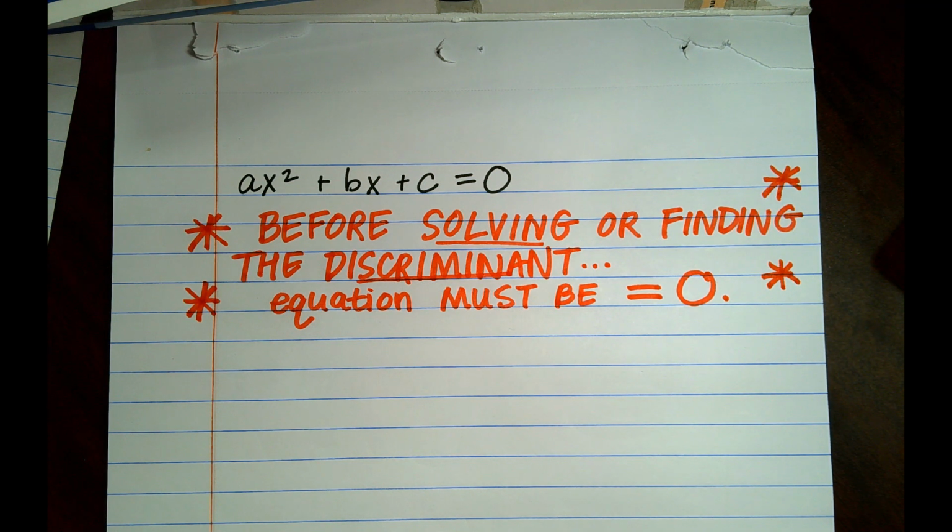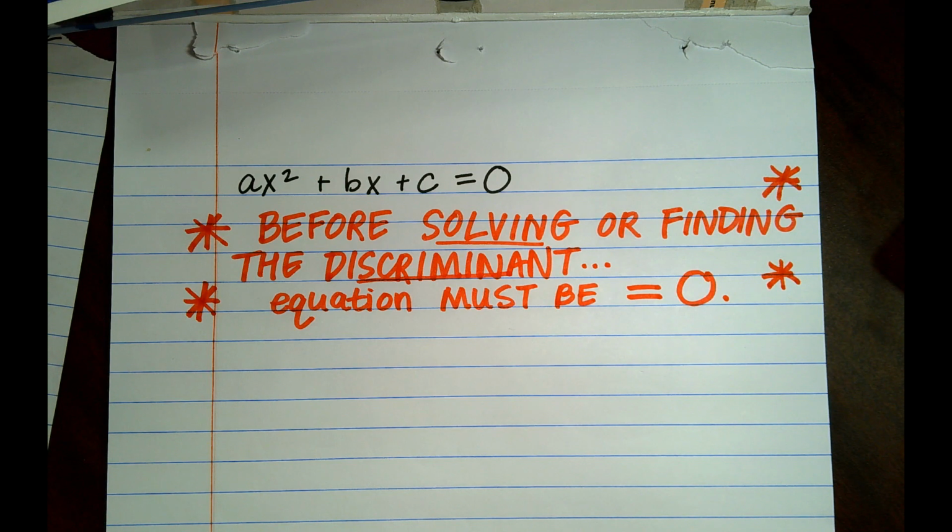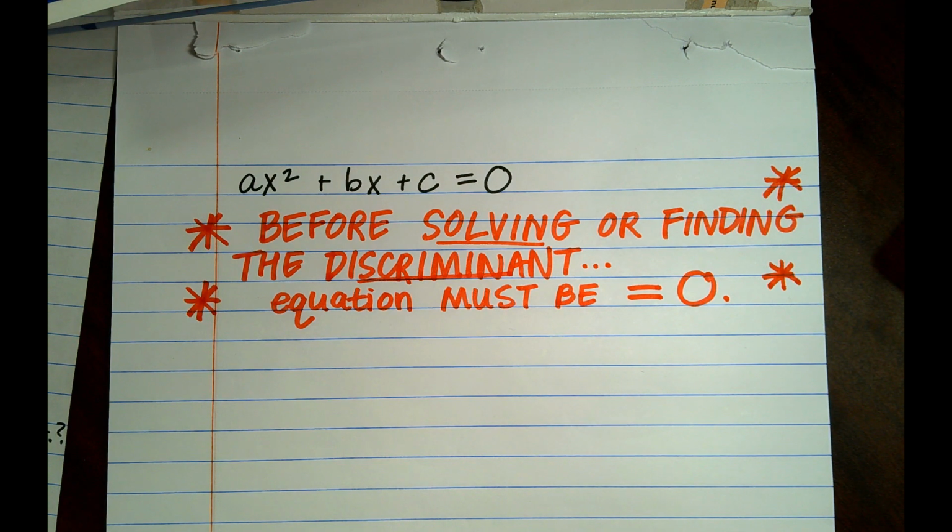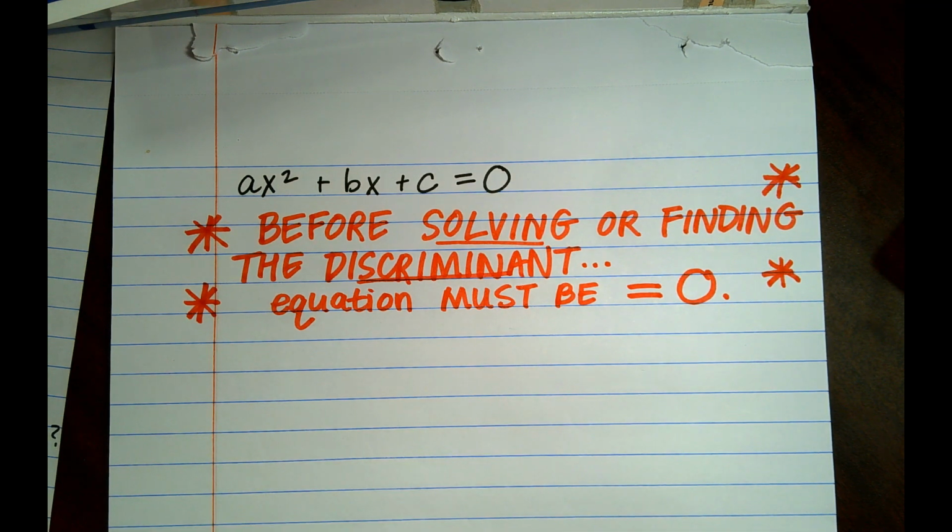Because if your equation has a number at the end that is not 0, then whenever you plug in your values of A, B, and C, one of those might not be the correct number. And in fact, one of those won't be the correct number since you don't have it in standard form. We just have to have our equation equal to 0. Now, does that answer your question?